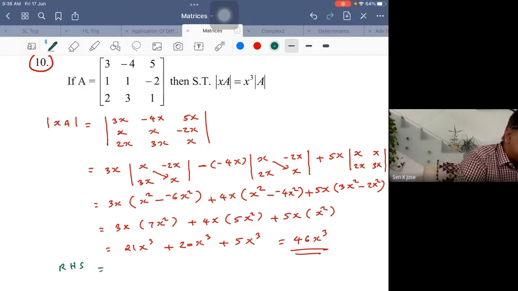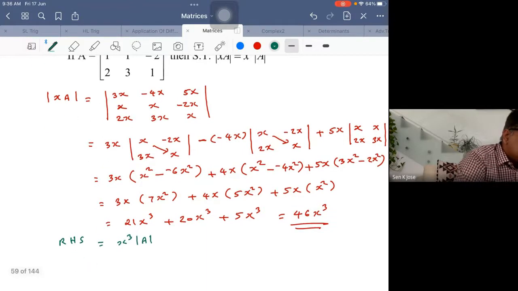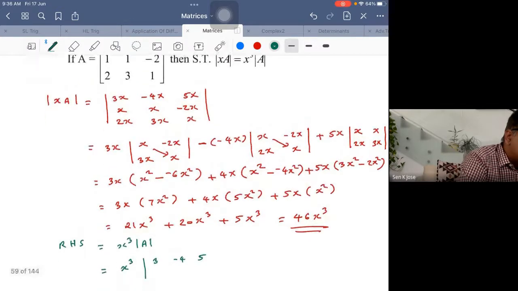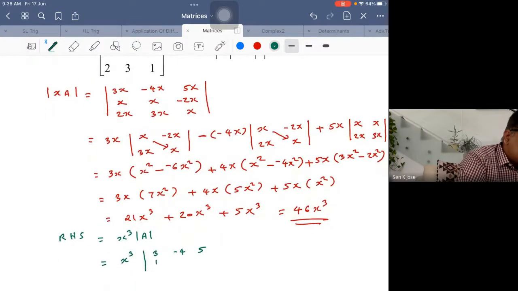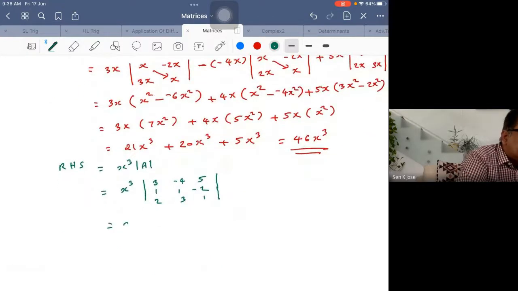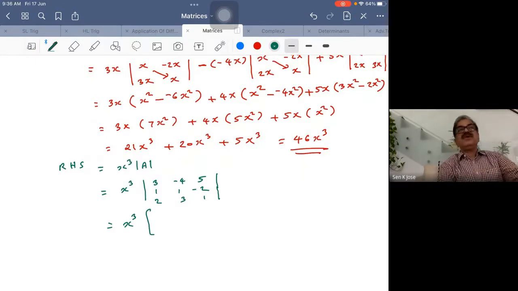So the RHS is x cubed into determinant A. That's x cubed into determinant of A: 3, minus 4, 5, 1, 1, minus 2, 2, 3, 1. So we're going to expand that. x cubed will stay outside and then do normal determinant evaluation. We already did many questions, so you know how to do it.